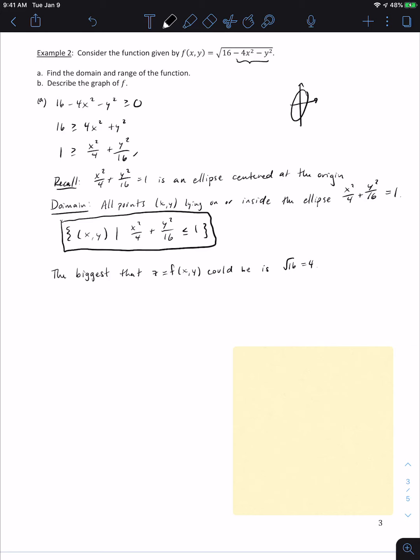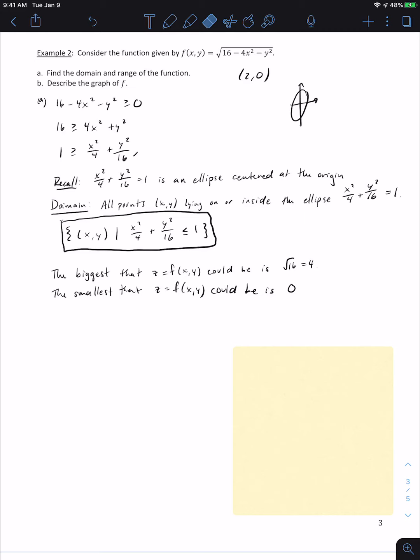The smallest that z equals f of x, y could be is 0, right?